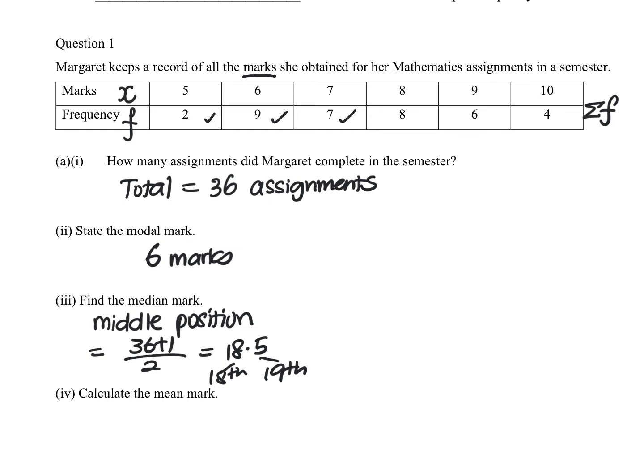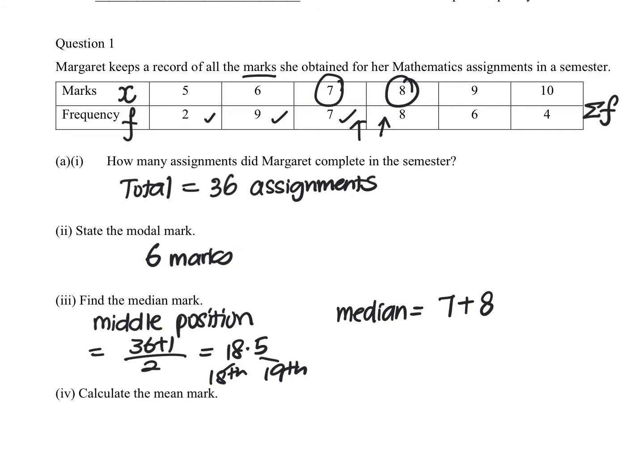The 18th position. So for the 18th assignment, what is the number of marks? That is 7 marks. The median is found by taking the 18th and 19th assignment marks, adding them together and dividing by 2. If this is the 18th position, the 19th position will be inside the next interval, and this will be the mark for the 19th assignment.